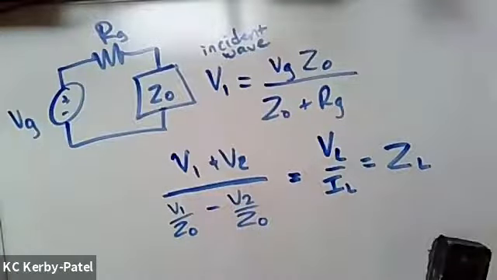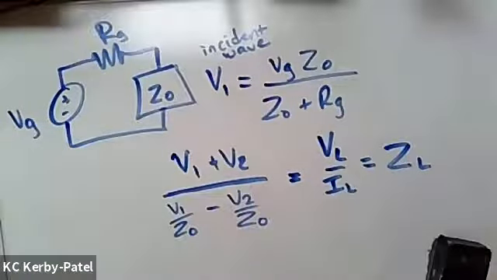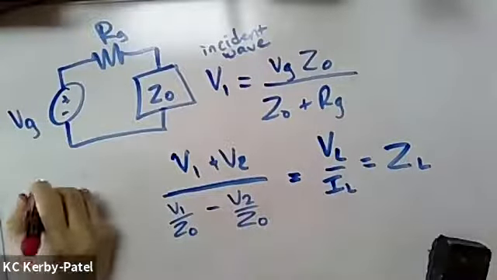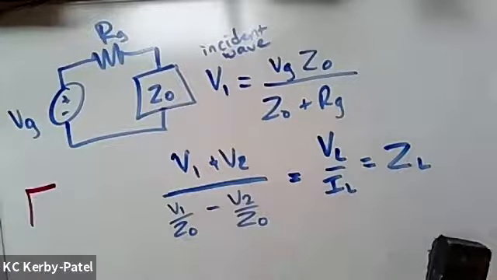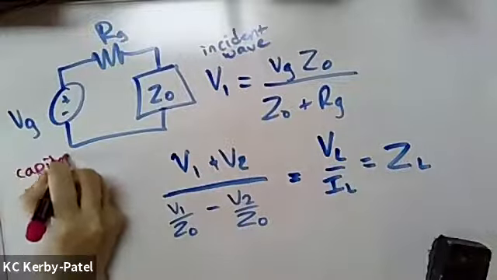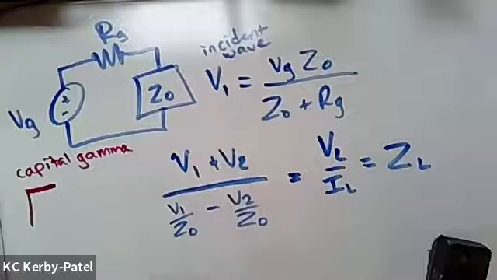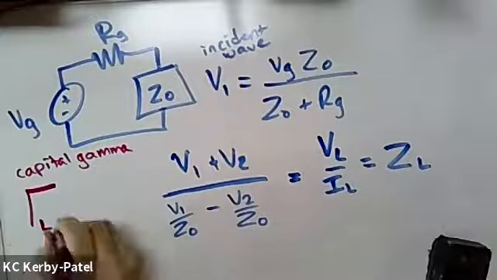Okay. Let's define a new variable. We want to know how much of the incident voltage wave is reflected. So we define a new variable called the reflection coefficient. This is a capital gamma. I'm going to put a subscript L on it to indicate that it is the load reflection coefficient.